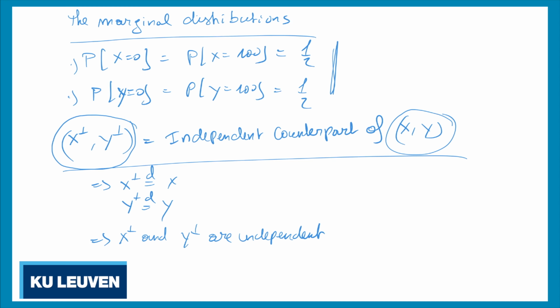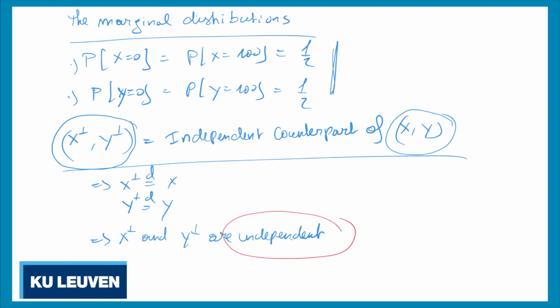So it's important that we introduce a new random vector, X independent, Y independent, having the same marginals but a different dependence structure. Now we assume that everything is independent.